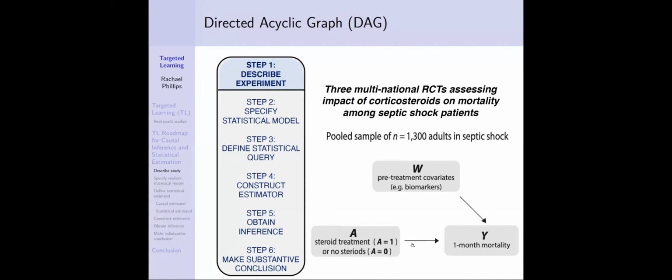And we can still use targeted learning for observational data. This example just is a randomized setting. So we want to assess this arrow here, the effect of the steroid treatment on 1-month mortality. And we have a meta-analysis. This is a pooled sample.